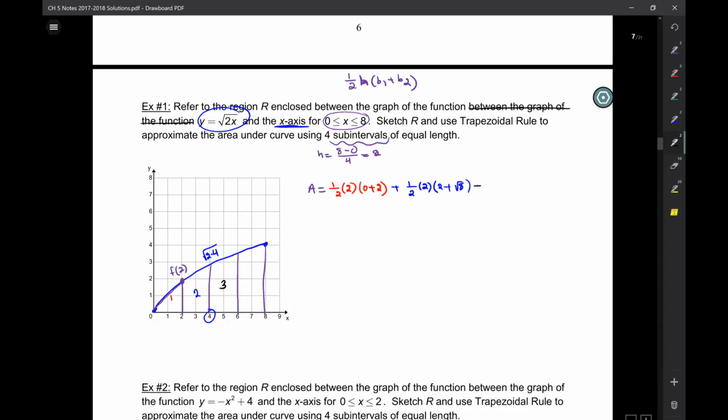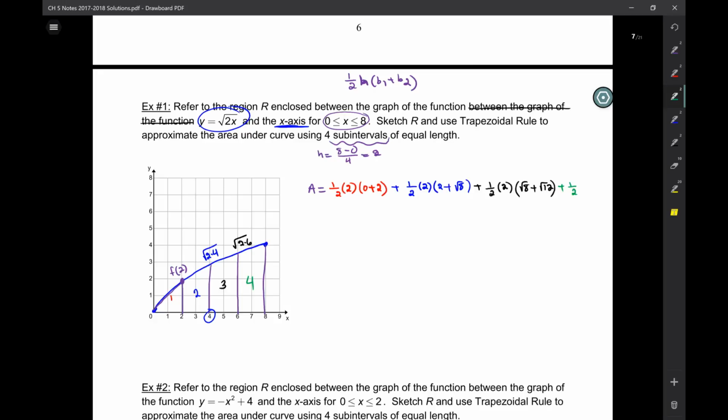Okay, next, the third trapezoid is going to be half times the height times, what's base 1 for the third trapezoid? Root 8 plus, here, the square root of 2 times 6, root 12. You don't have to simplify. For now, no, because we're going to get the decimal later anyway. So, can you explain how you're finding the base 1?